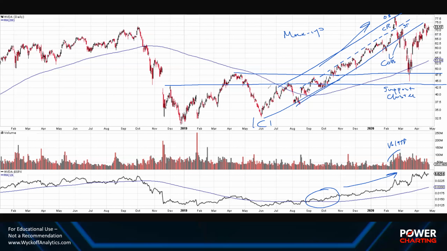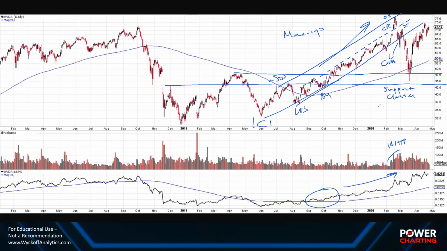Note the accumulation type structure that's occurring in relative strength, in addition to what's going on in price. There we have a backup in late September in relative strength to the moving average, which is flattened out and turning up. And that is accompanied by a stock price that's ready to go into a markup.